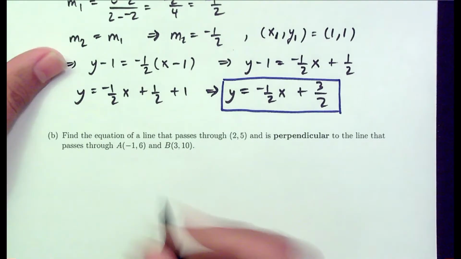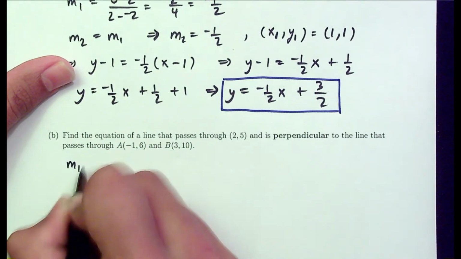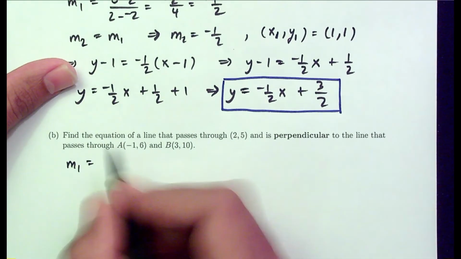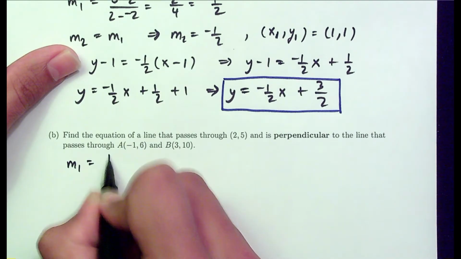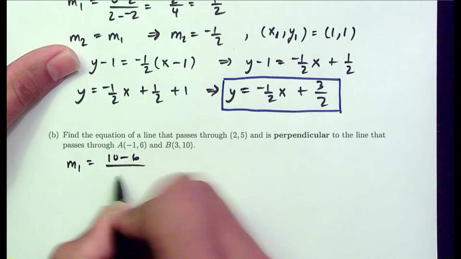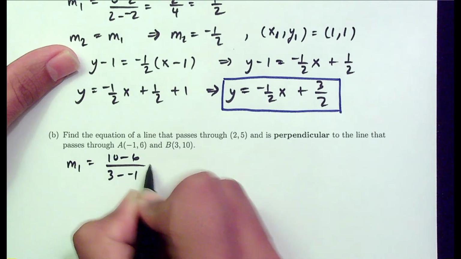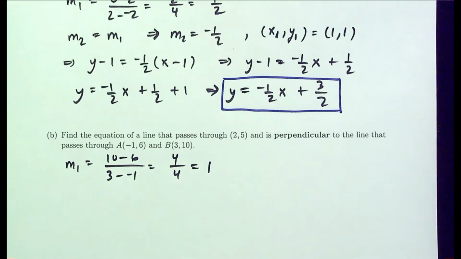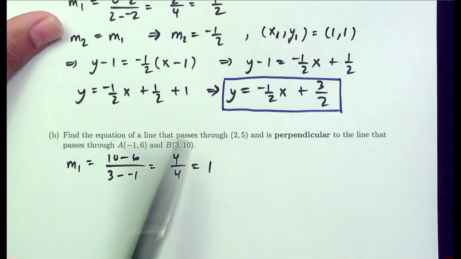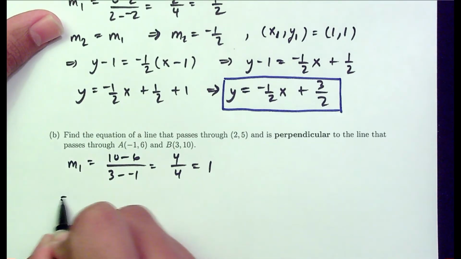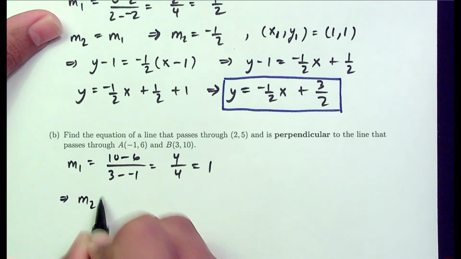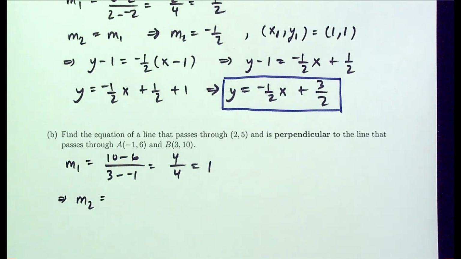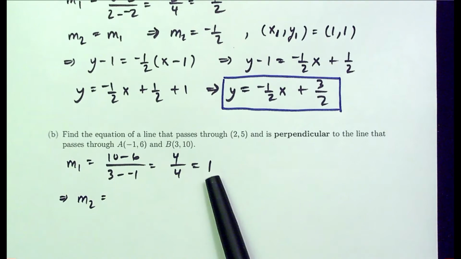So let's find first the slope of the line that passes through A and B. Subtracting y's, that's 10 minus 6 over 3 minus negative 1. That is 4 over 4, which is 1. So the slope of the line that passes through A and B is 1, which means that the slope of the line we're interested in is the reciprocal of that and the opposite.